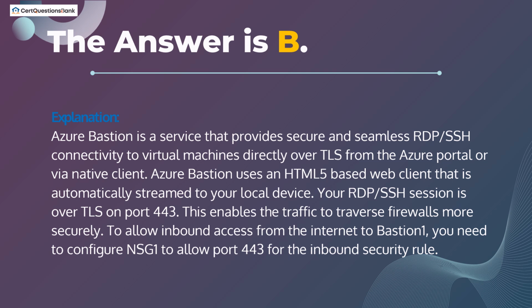Your RDP, SSH session is over TLS on port 443. This enables the traffic to traverse firewalls more securely. To allow inbound access from the Internet to Bastion1, you need to configure NSG1 to allow port 443 for the inbound security rule.